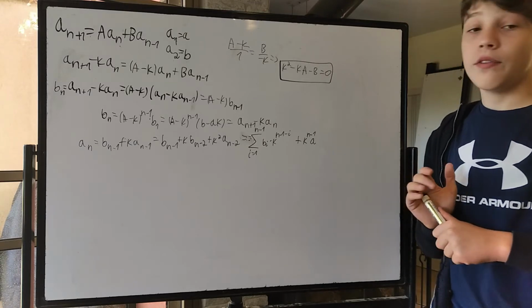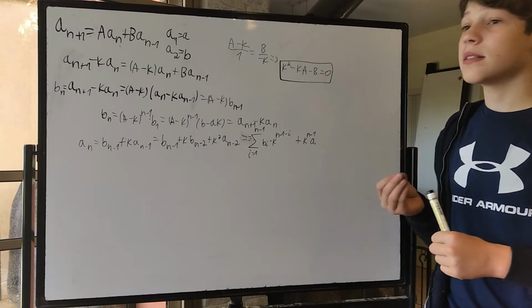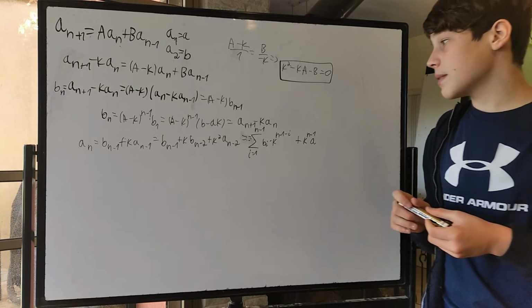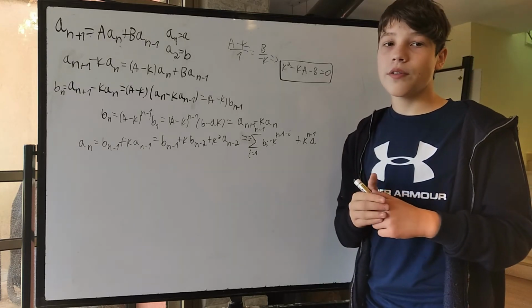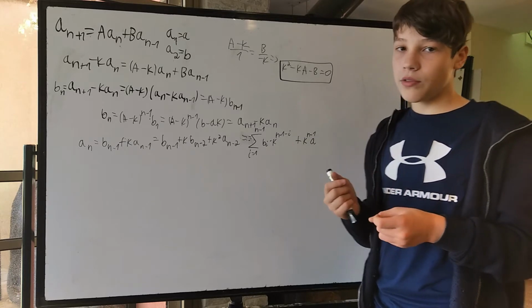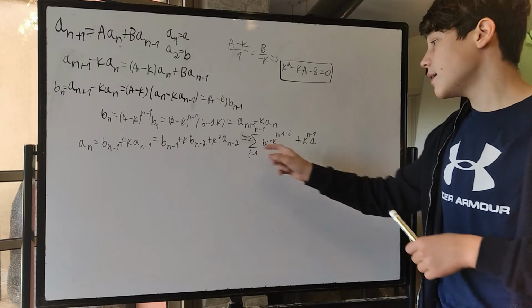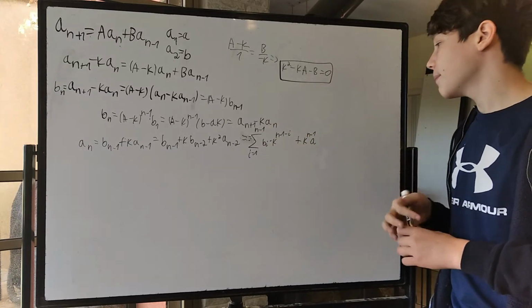And the formal way to prove that this is the case is with induction. I won't do it here because it's just a bit tedious, but you can do it yourself at home, and you'll find that it's pretty easy to prove with induction that an is just this thing.